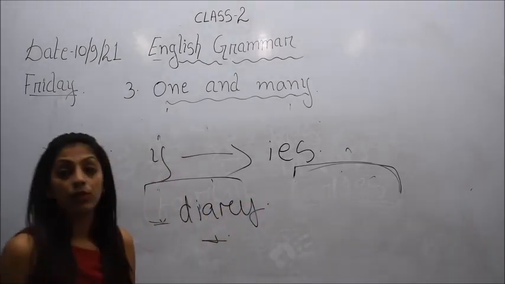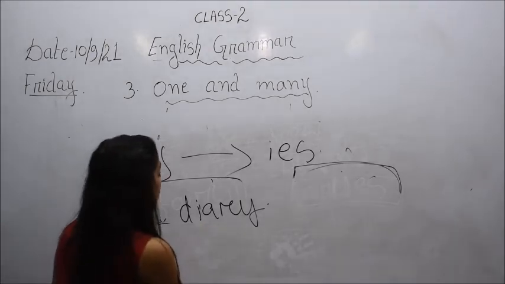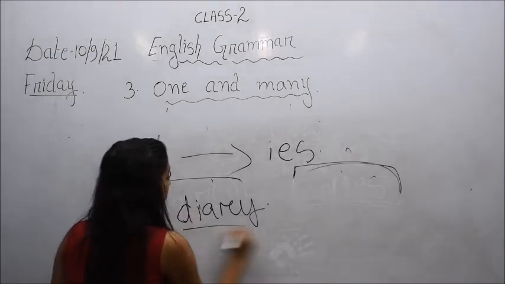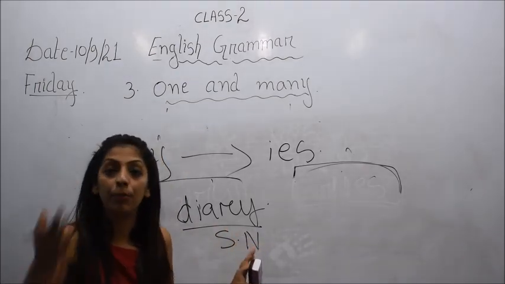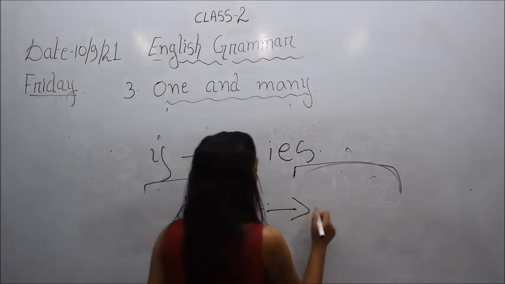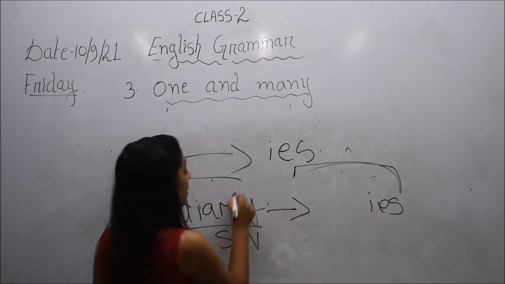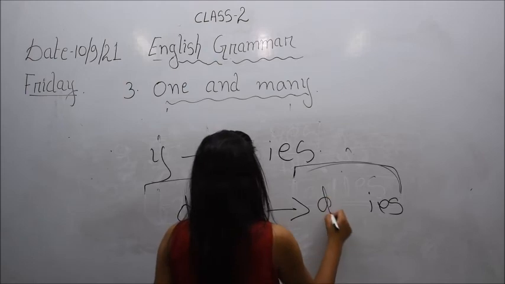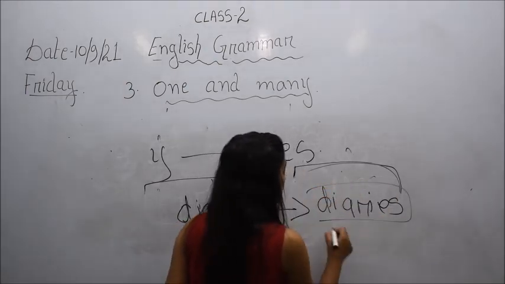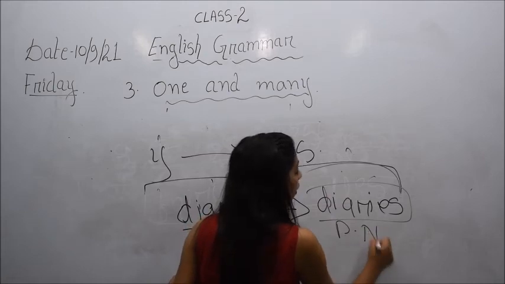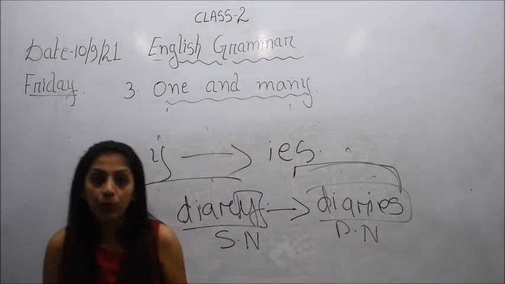This word is also ending with Y, and it is a singular noun. So now here you have to make the plural of it, and how will you? By adding I-E-S and by replacing Y. D-I-A-R-I-E-S. So do you see, children, this is how the singular nouns are converted into plural nouns.